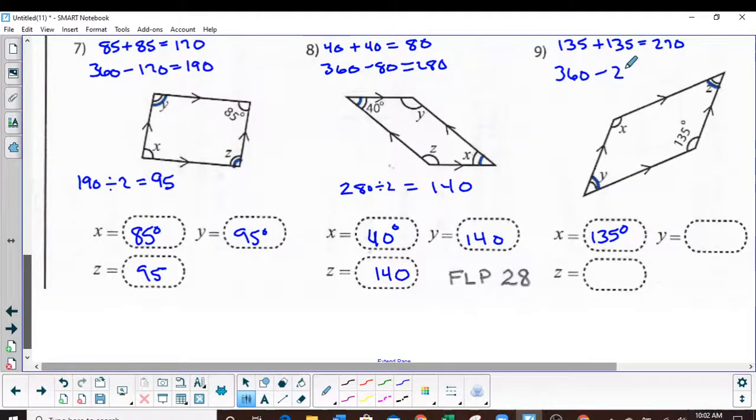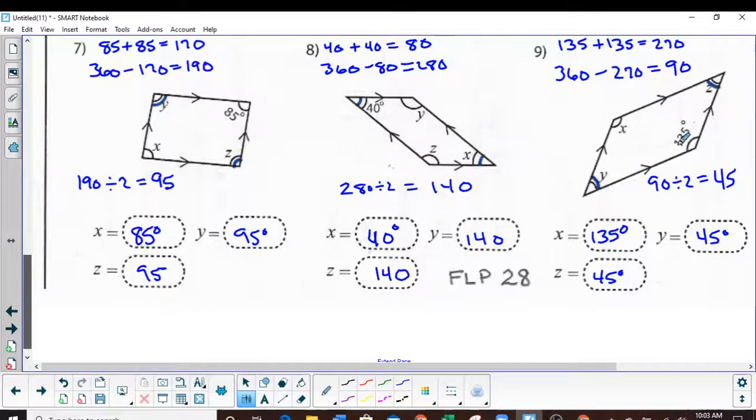So I'll subtract the 270 I already have, which gives me 90. I'll take my 90, split it up into two angles that I have left, divide it by 2. Is going to give me 45 degrees for y and z. Okay? I think you should be good to go there.